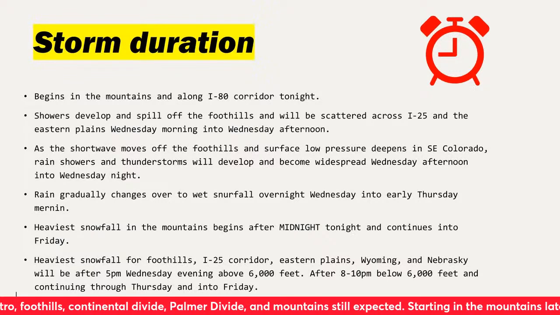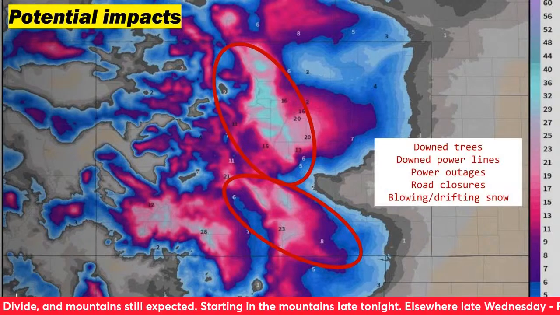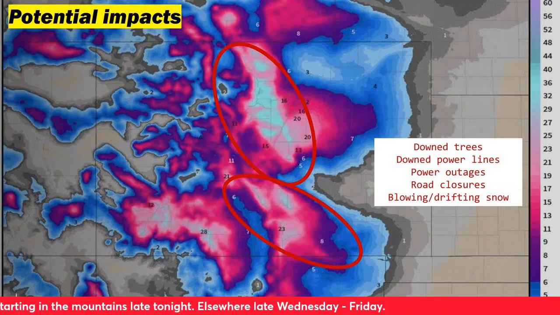Next slide, please. Potential impacts. This is where I want you guys to really start paying attention. For my folks that are circled in my red oval circle shape thingies.